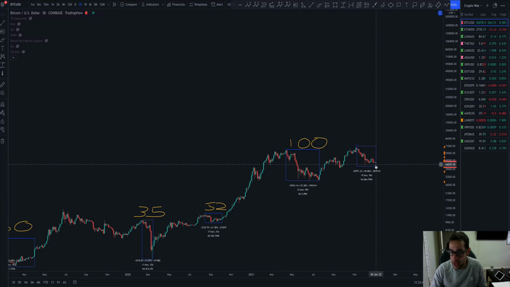So that's basically how we can use fib time to give us an indication of how long the correction would last. And then if we take that from the top, and let's say we're still in this corrective phase and we haven't broken out impulsively like the other ones, that late January, end of the month would put us about 83 days.